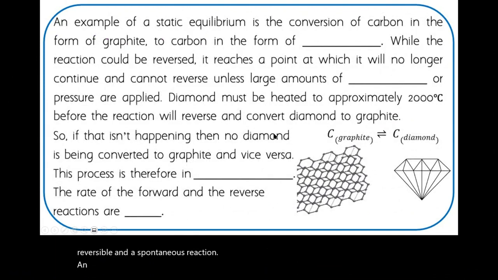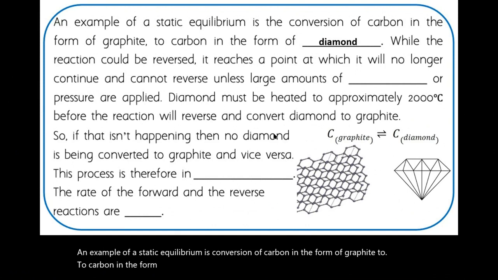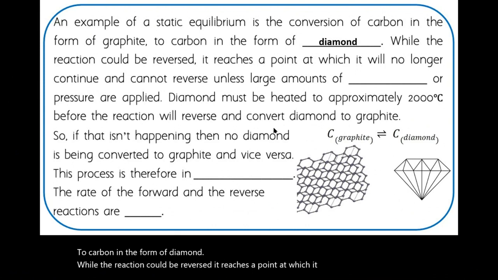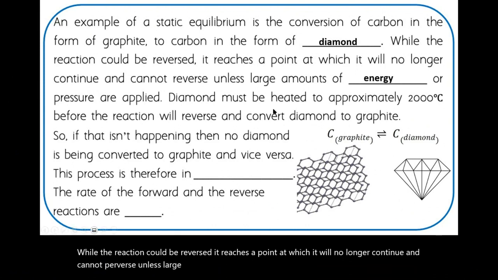An example of a static equilibrium is the conversion of carbon in the form of graphite to carbon in the form of diamond. While the reaction could be reversed, it reaches a point at which it will no longer continue and cannot reverse unless large amounts of energy or pressure are applied.